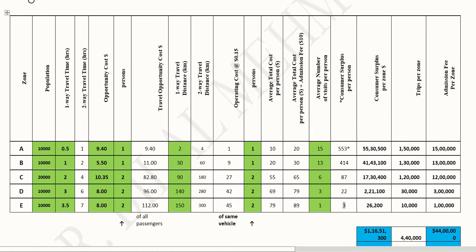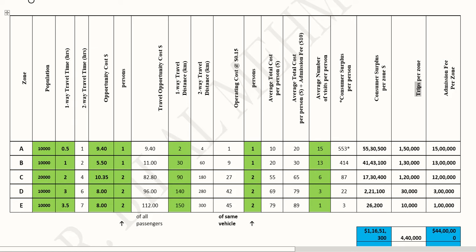Now we have calculated the consumer surplus per person. Now we can translate it into the consumer surplus per zone by multiplying this with the population of that zone, and definitely all the consumer surpluses with their respective populations, and we will get these values, right? And after doing this, we can find the trips per zone.